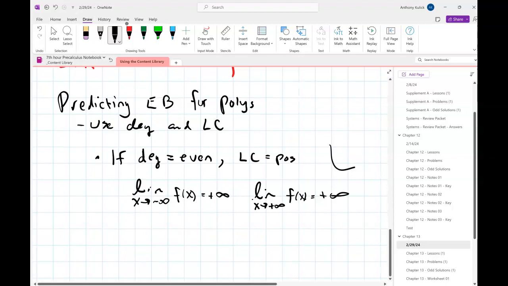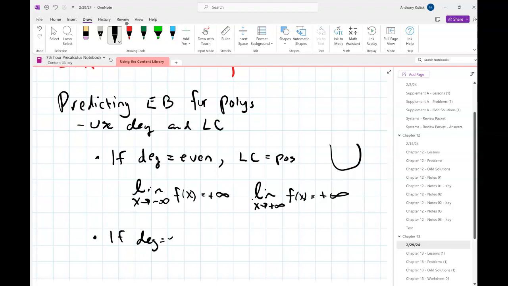Basically, both ends of my graph point up, like a quadratic with a leading coefficient of 1. Is everybody okay with that? That's going to be true for all polynomials with even degree and positive leading coefficient. But the way I remember it is just like what x squared looks like.